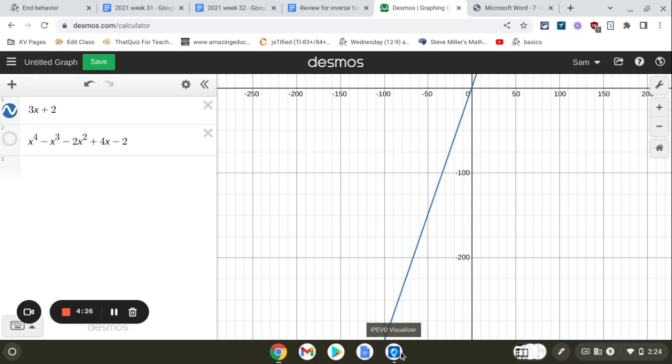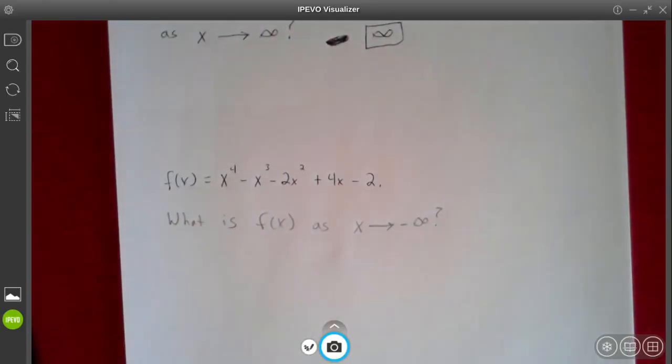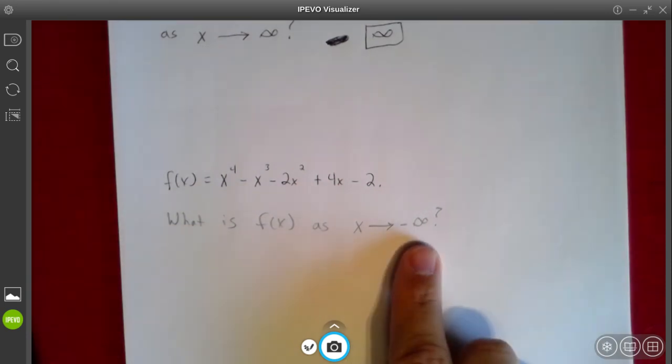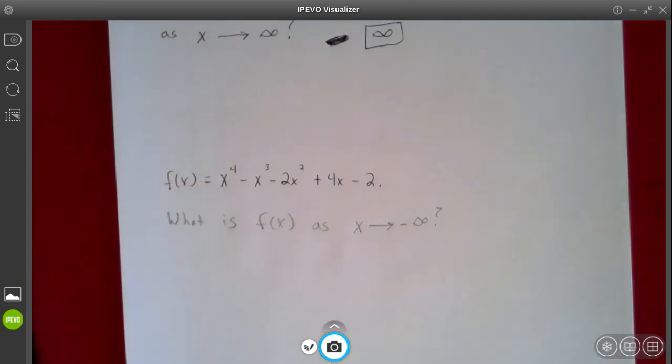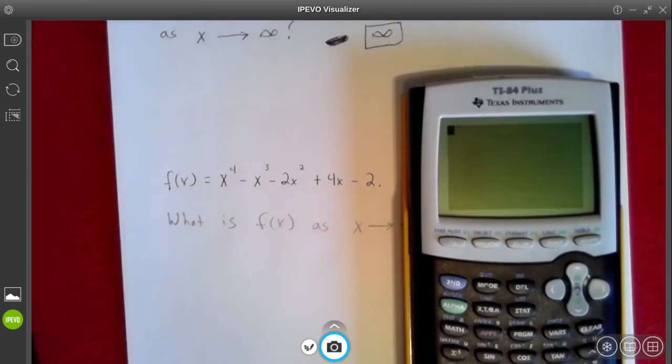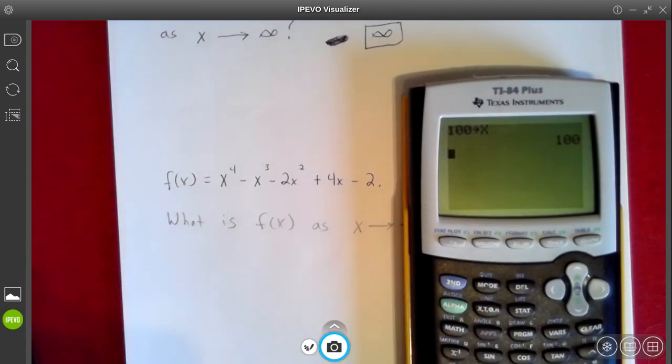Okay. The next question is, what is the value of f of x, this function, as x tends towards negative infinity this time? Okay. So if we plug in a really, really large negative number, say, we'll just do 100 again. Okay.